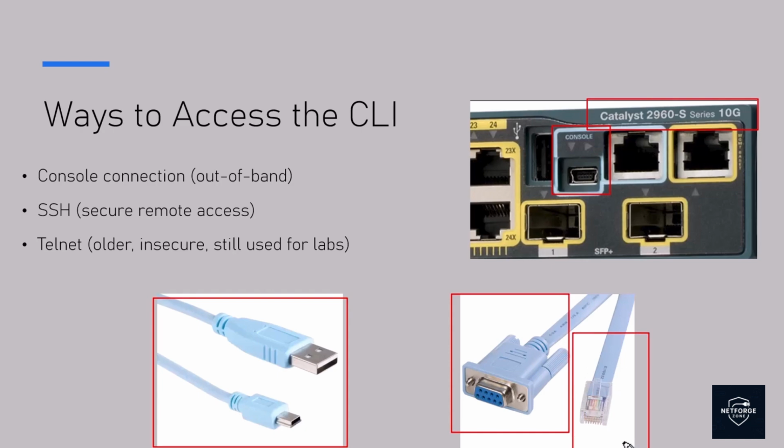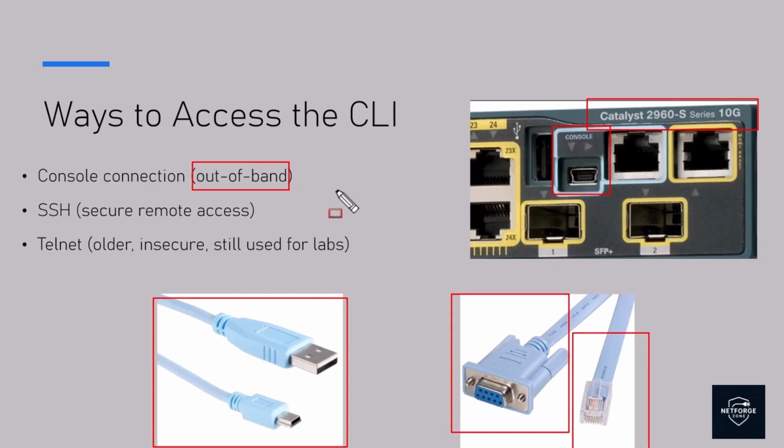This is a regular RJ45 connector. You can use this for in-band management. We are going to talk about this in a few seconds. So when you connect to this console port, what you are doing is out-of-band management. Now, newer devices, in addition to this console port, have something which is called a management port.